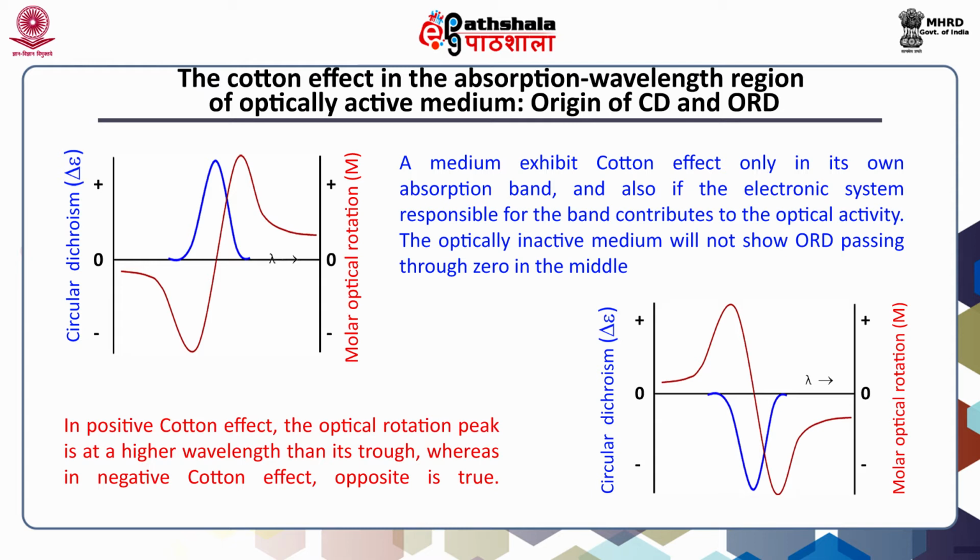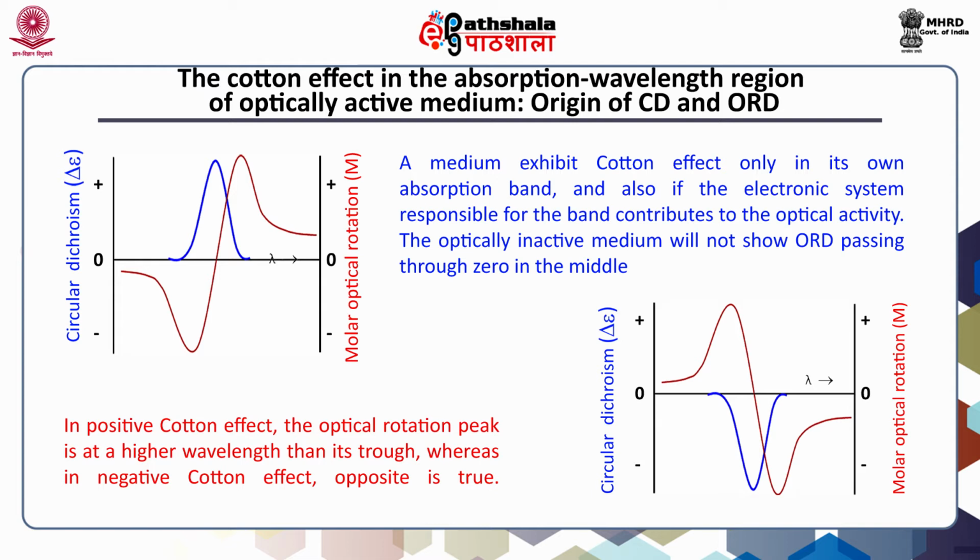CD signals are more sensitive and precise due to the small window of absorption, while ORD is more extended and dispersive, tapering down in a shallow manner from the center of the absorbance peak, as you can see in both figures. But the ORD spectrum extends well beyond the absorption band, which may provide additional information in the wavelength zone where CD measurement is difficult or where the CD signal is very strong.